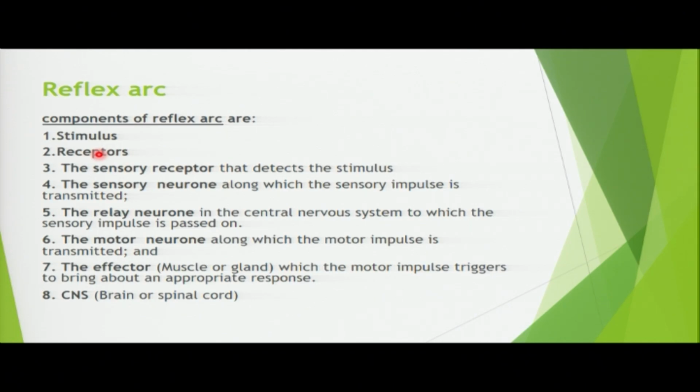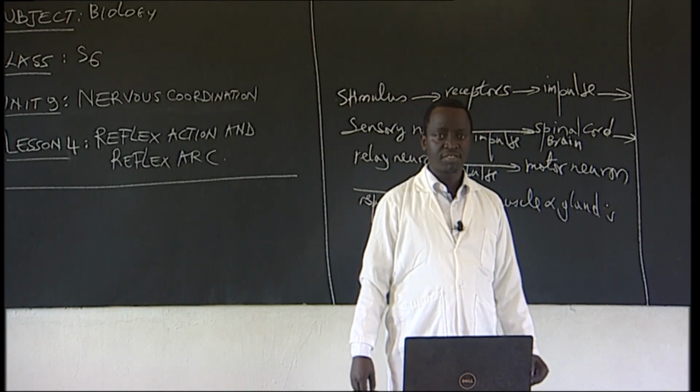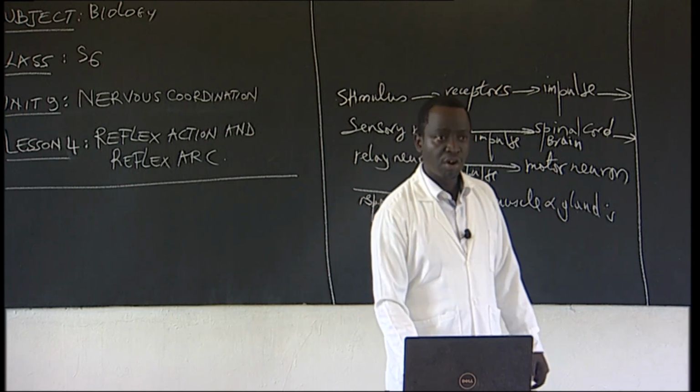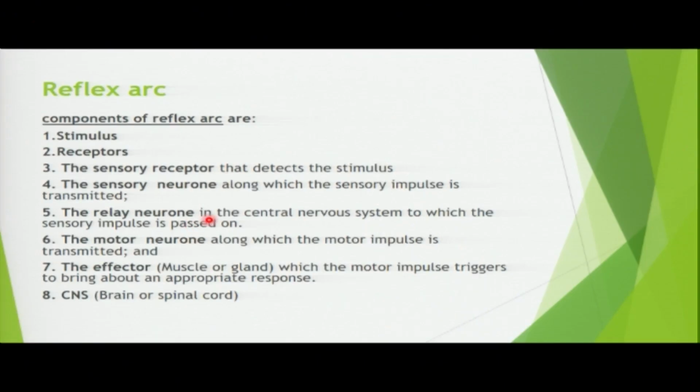Are you getting this? Now, the sensory receptor detects the stimulus. Remember the role of the sensory neuron is to carry information from the receptor to the central nervous system. We have also what we call relay neuron, which is found in the central nervous system, to which sensory input is passed on.